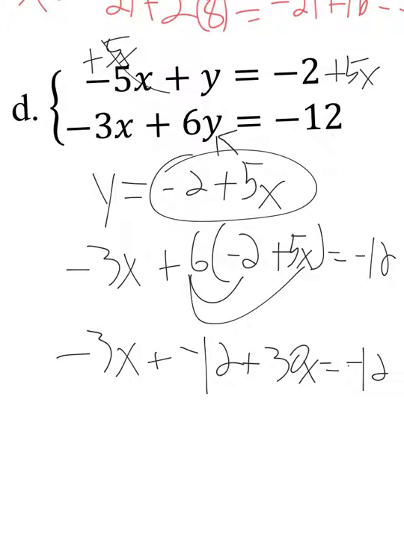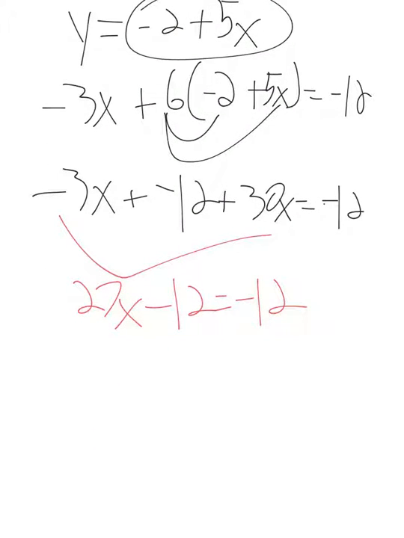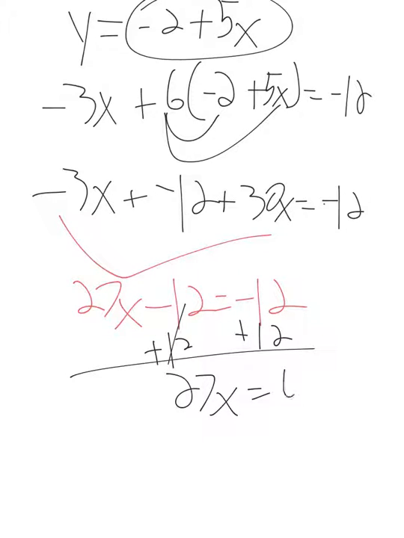So I can combine these two. That's going to make 27x minus 12 equals negative 12. So when I add 12 over, it's going to cancel on both sides. So you have 27x equals 0. So therefore x must equal 0, because if you were to really go through and show all your work, 0 divided by 27 is 0.